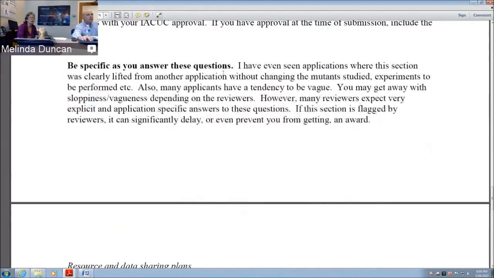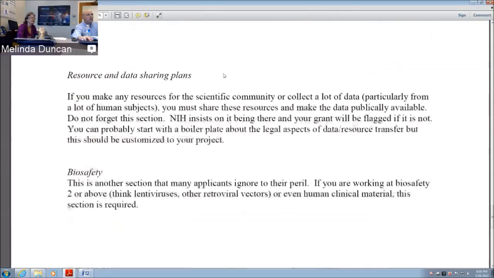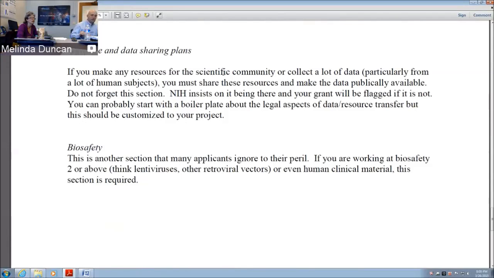Essentially there are now requirements that if you generate any sort of resources that could be important to the scientific community, you need to really disseminate that. These resources can include genetically modified animals, DNA vectors, antibodies and so forth. And you need to explicitly say what your plans are to share those resources with the community.